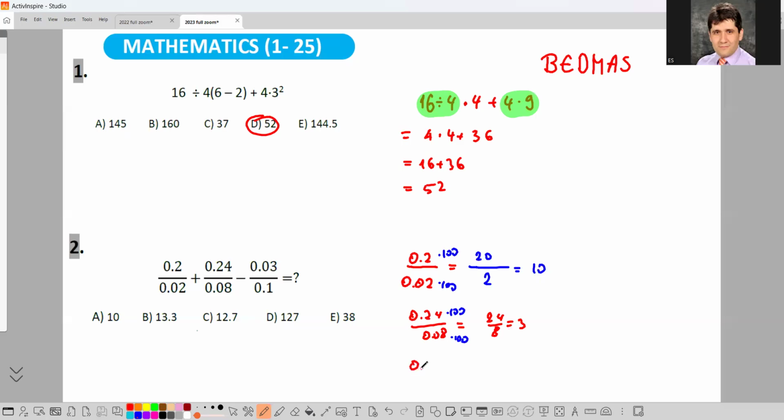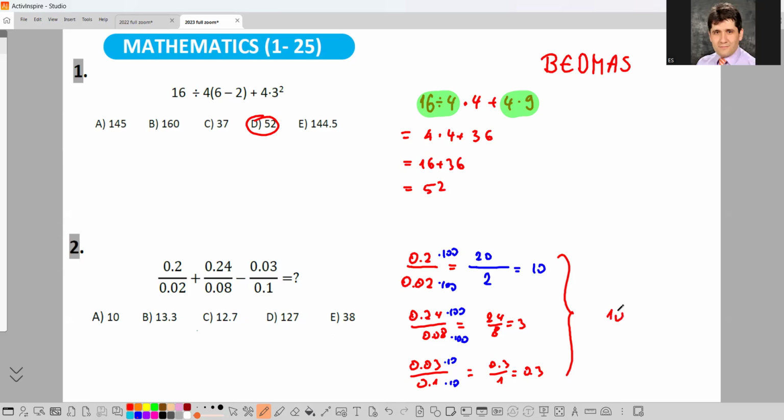me evaluate the last part, 0.03 over 0.1. If I multiply again by 10 here and by 10 here, you can multiply by 100 if you want, so you get 0.3 over 1, which is 0.3. So now finally, if I merge these three in this expression, what do I get?